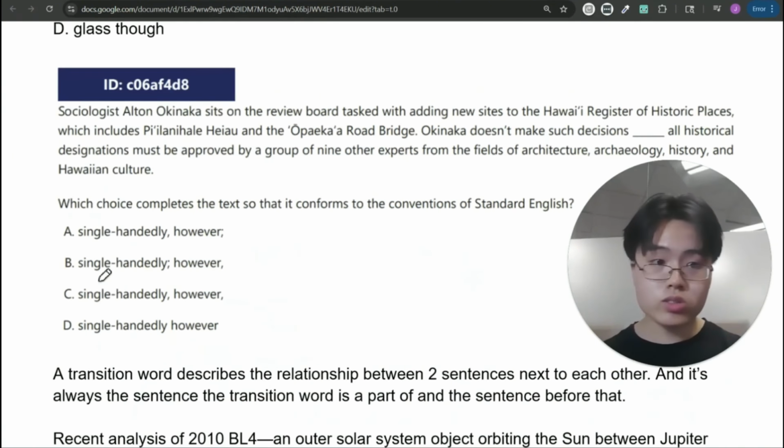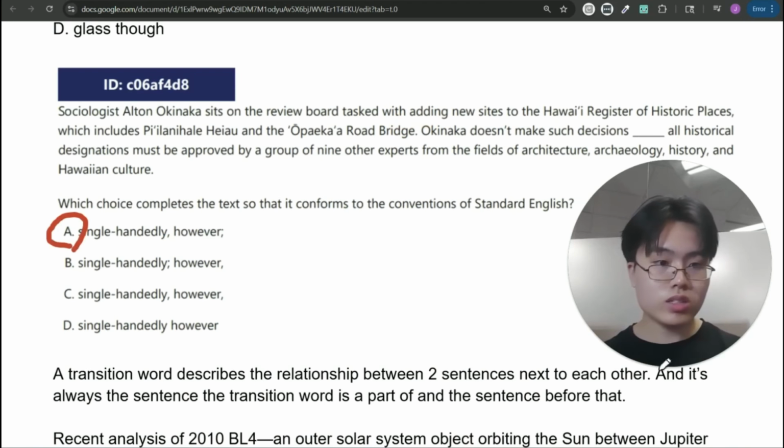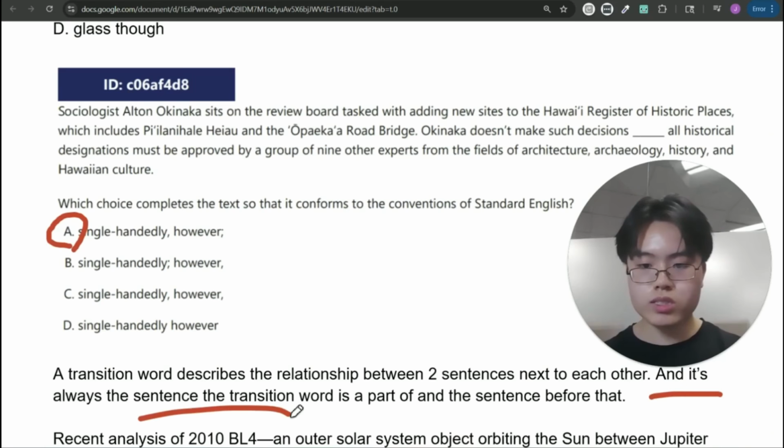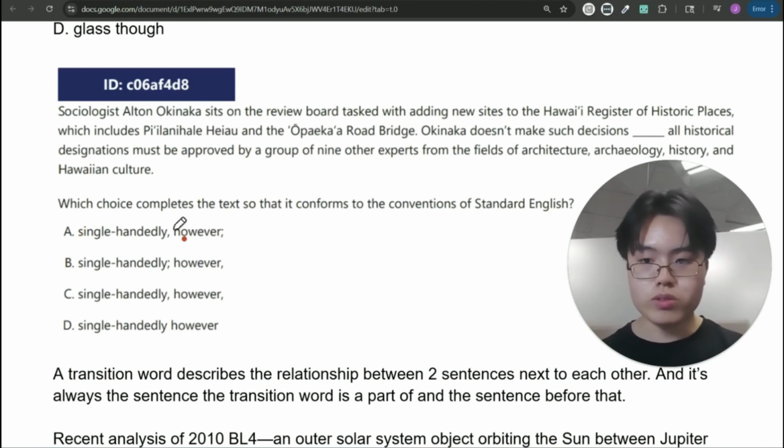Now, how do you figure out which answer choice is correct? Let's say the first two were contrasting. The answer is going to be A because of this second part: it's always the sentence the transition word is a part of and the sentence before that. Let's look at which sentence "however" is a part of.